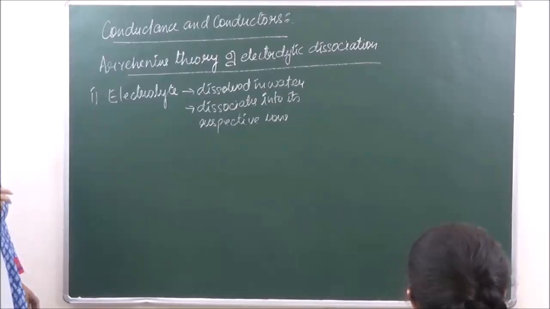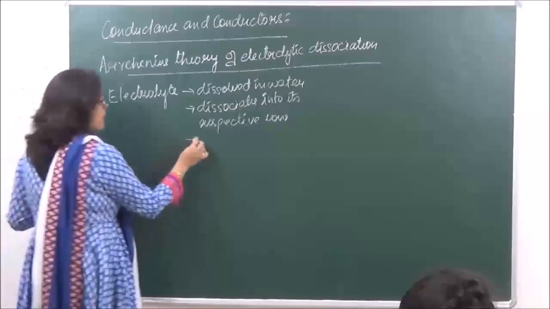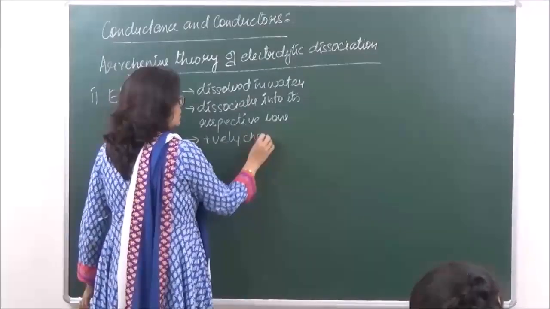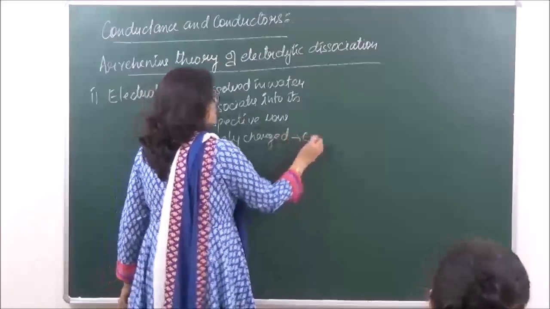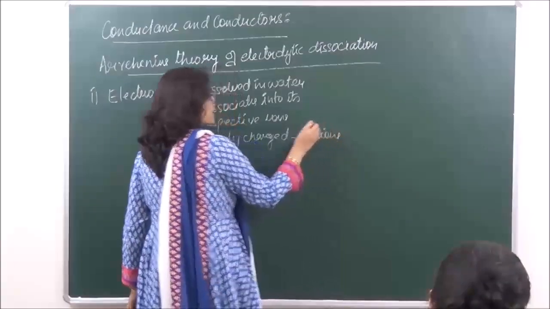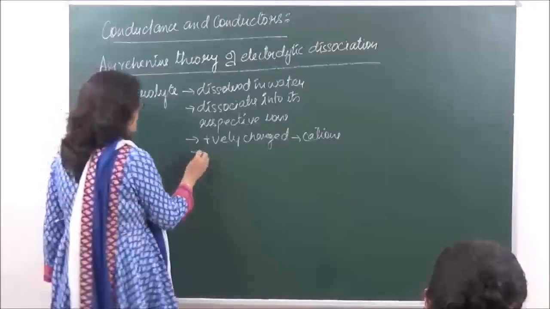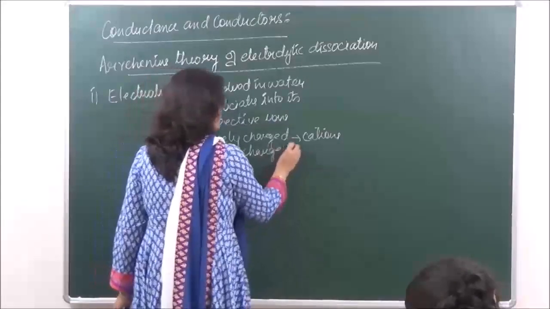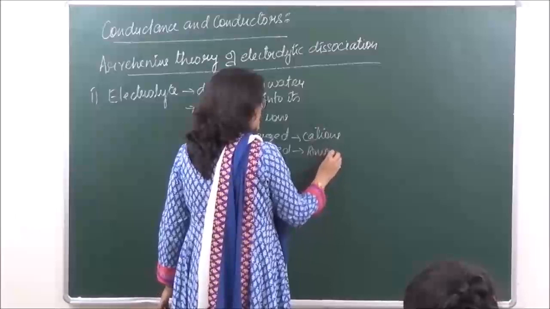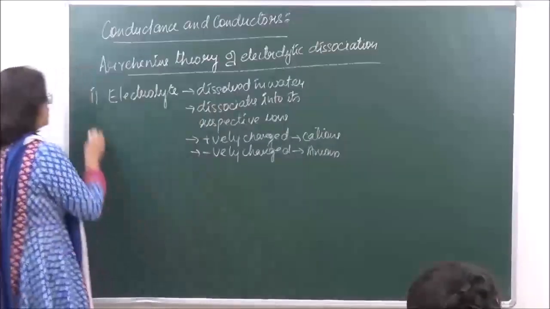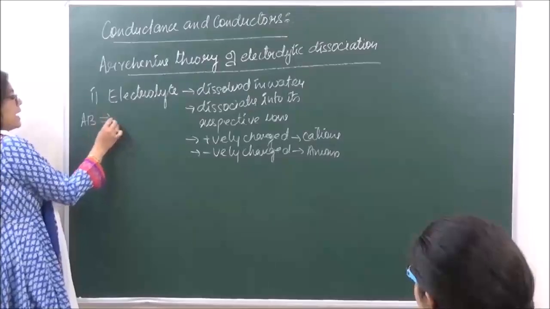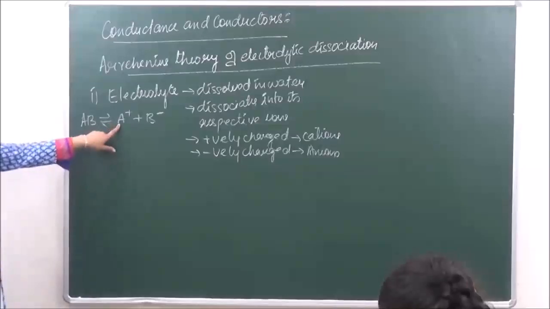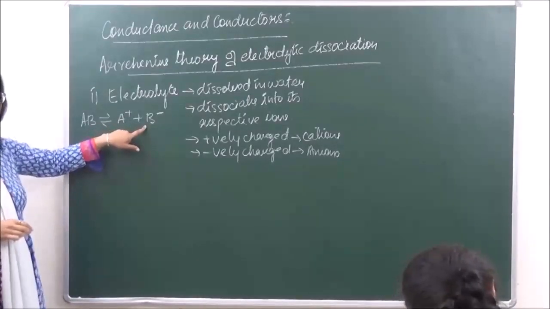These ions are of two types. The first type is positively charged, and these are known as cations. The second is negatively charged, and these are known as anions. For example, an electrolyte AB dissociates into A positive plus B negative. A positive is the cation, and B negative is the anion.